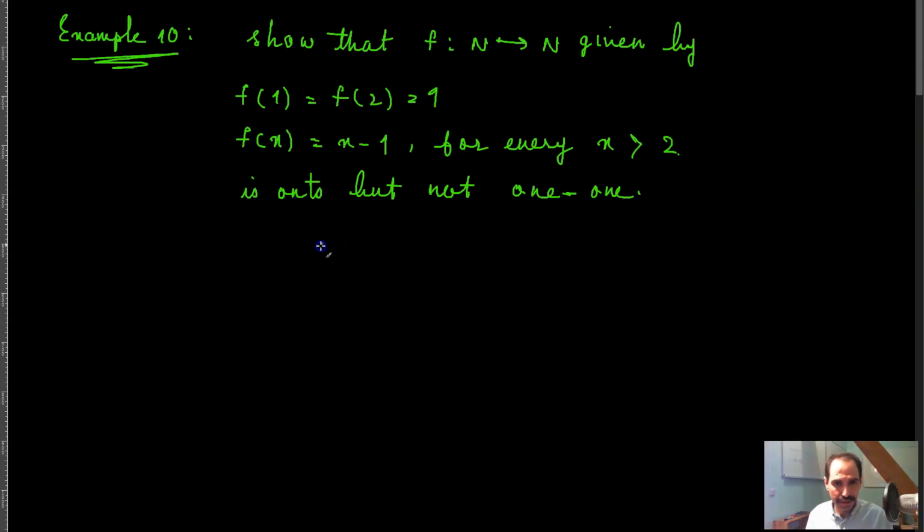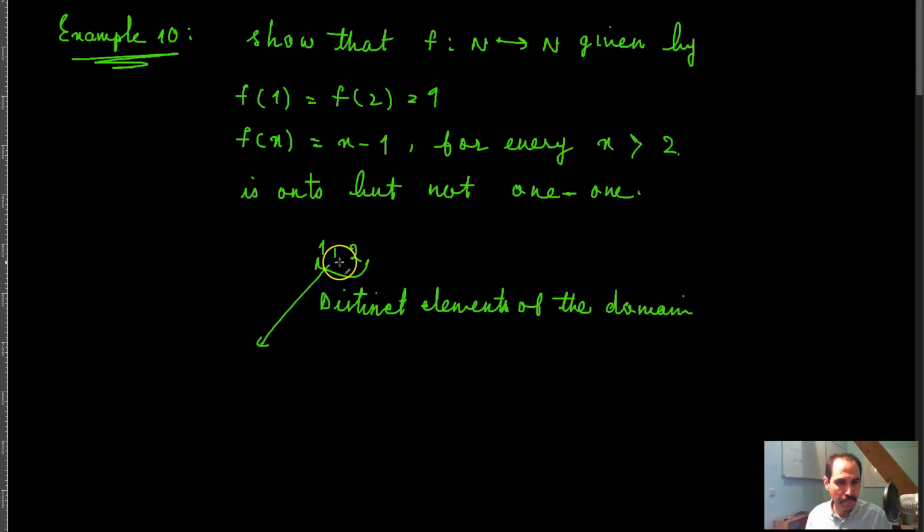In this case, you can see that 1 and 2 are distinct elements of the domain, and both of these elements have one single image which is equal to 1, as you can see here. And so therefore the function is not 1-1, right?